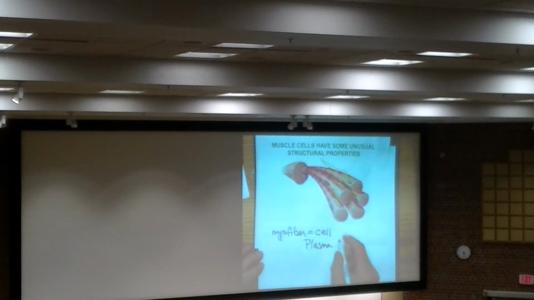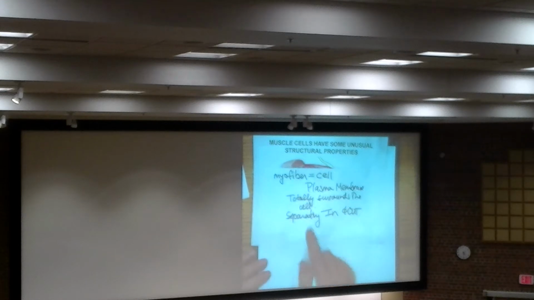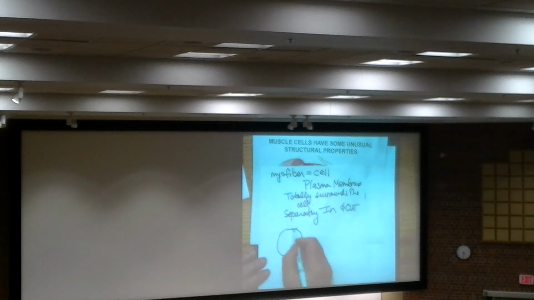Plasma membrane is what defines the shape of the cell and totally surrounds the cell. Separating an inside and an outside. So we draw our normal cells as a sphere like that. That's the plasma membrane.